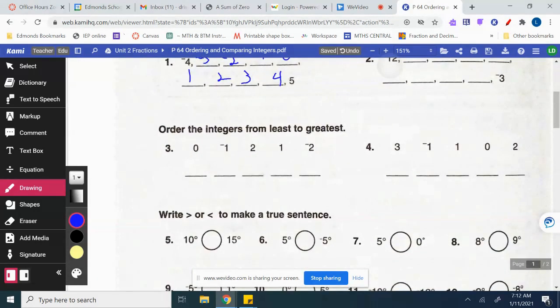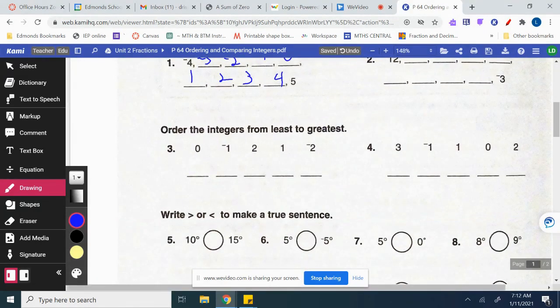Now we want to organize these from greatest to least. And if you need help, go back up to that number line. So I'm going to look for the biggest negative number, and that's going to be -2. So if I owe somebody $2, I have the least amount of money. The next would be -1, and then 0, 1, and then 2.